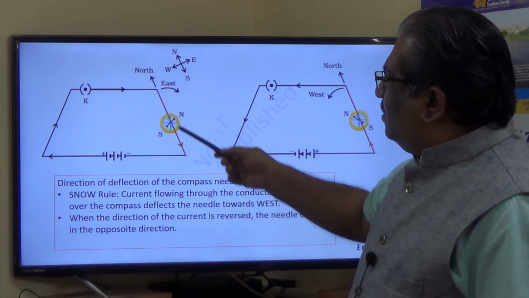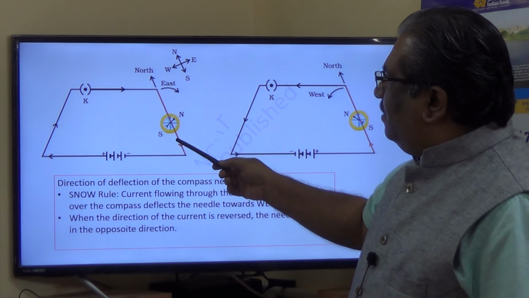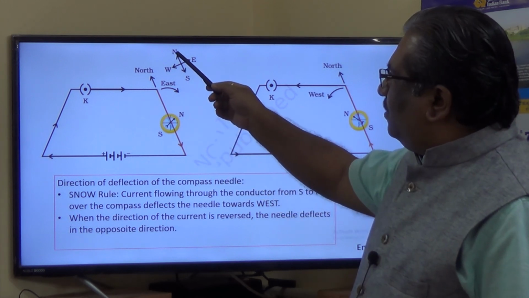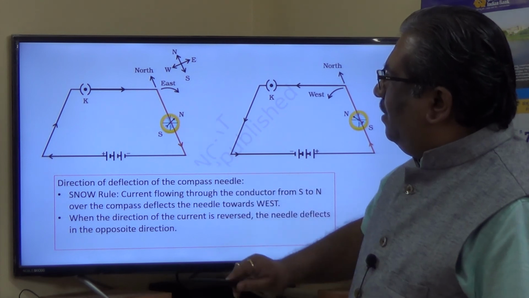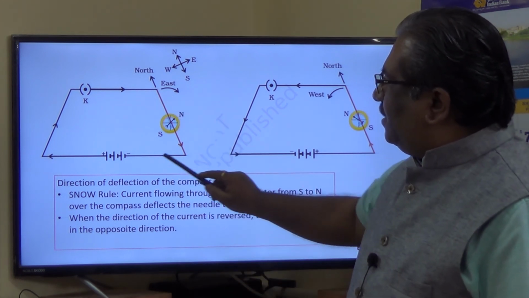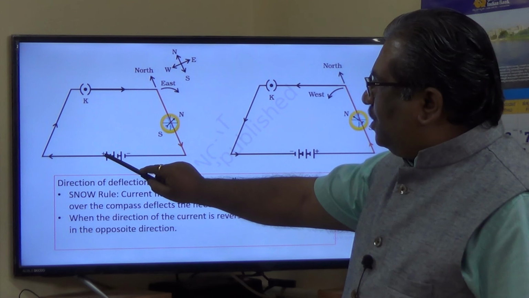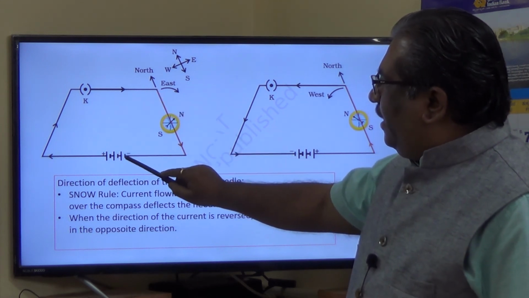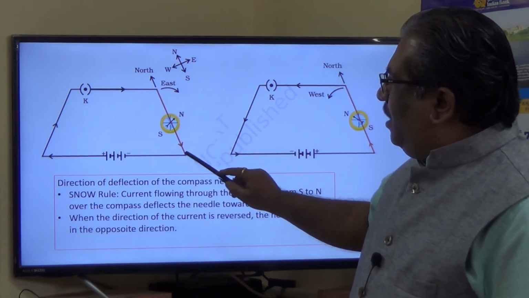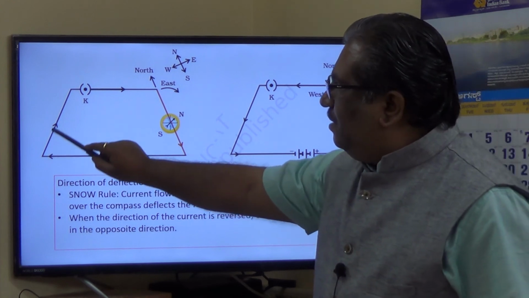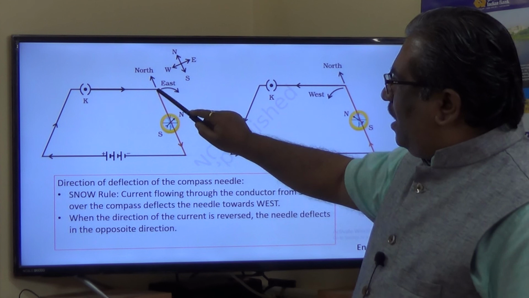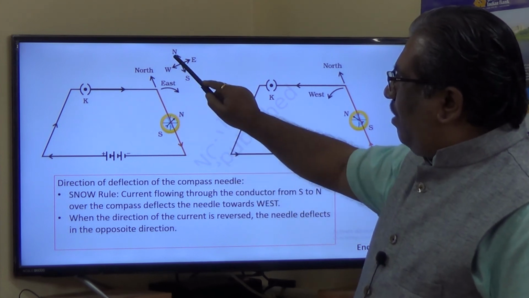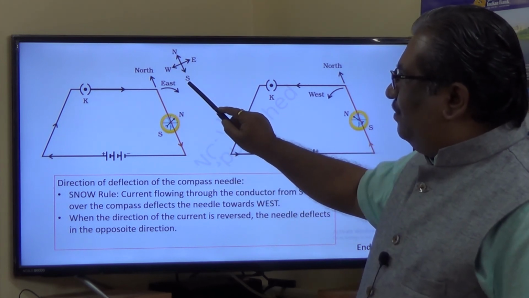The conductor is aligned along the south-north direction like this, and this conductor is connected to the battery terminals, positive at this end, negative at this end. So the direction of the current across this conductor is from north to south.